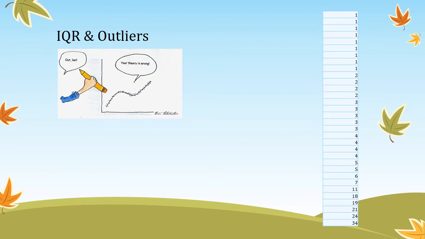So I'm going to start counting. 1, 2, 3, 4, 5, 6, 7, 8, 9, 10, 11, 12, 13, 14, 15, 16. Okay, so this is going to be my median. And that's really easy because 3 plus 3 divided by 2 is 3.